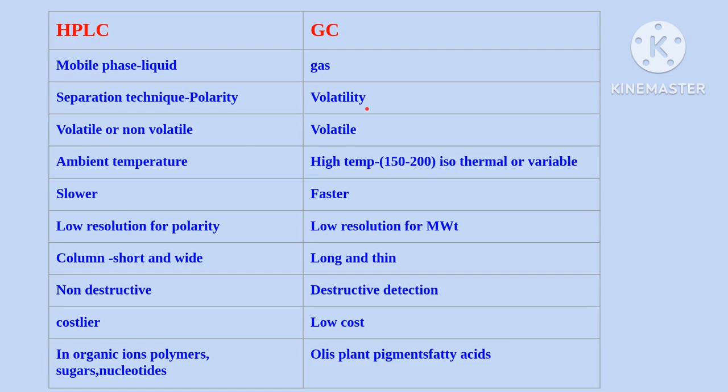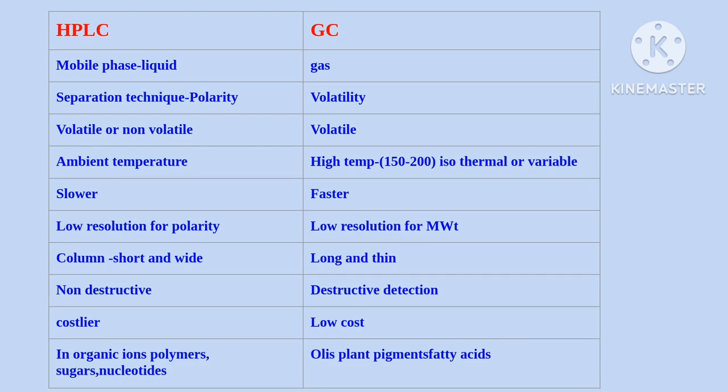Next one, separation technique. The separation of the compounds in HPLC is determined by the interaction between each compound in the sample with the mobile phase and stationary phase. This is usually due to the polarity of the sample in relation to the phase. More polar components will move more quickly through the column as they are more attracted to the mobile phase, while less polar components will travel more slowly through the column as they are more attracted to the stationary phase.